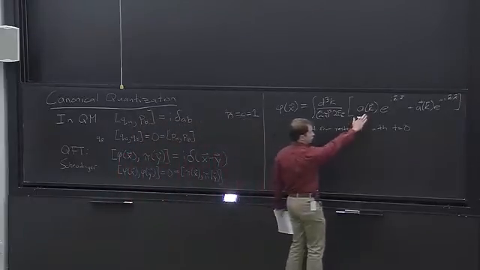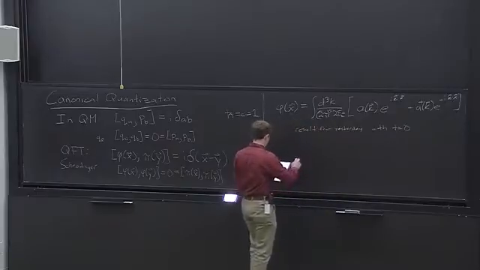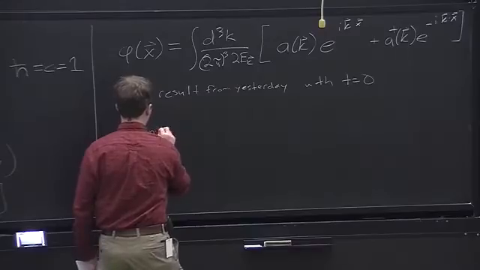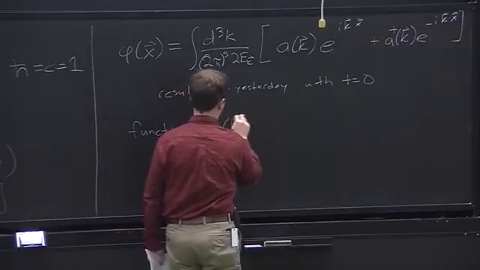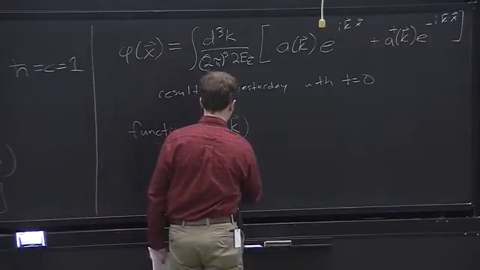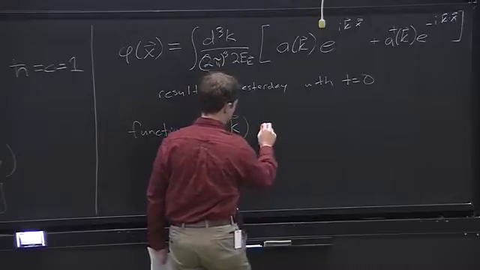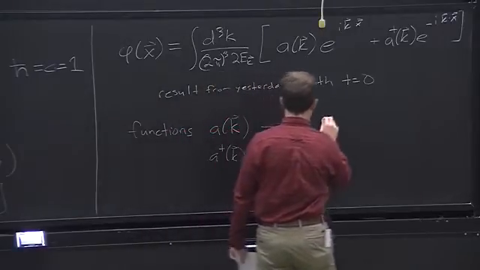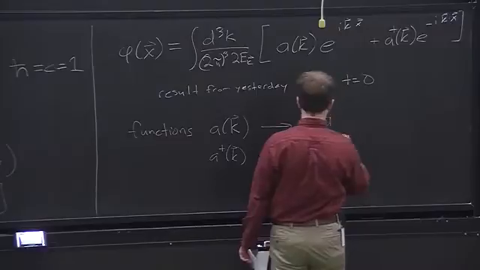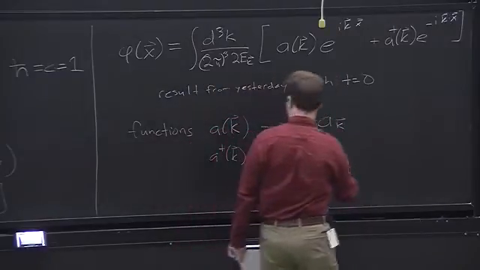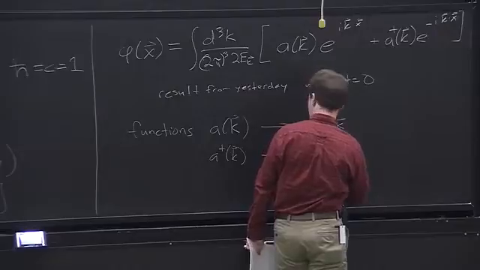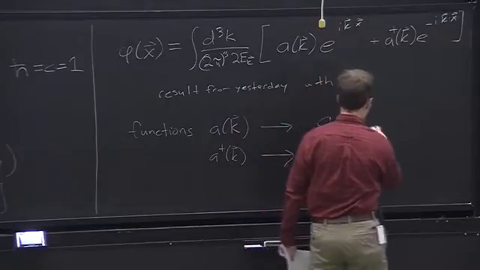So these were functions in the classical theory, the functions a(k) and a dagger(k). Now in the quantum theory, they become operators, and I'll distinguish them by writing, instead of a(k), a sub k, and similarly a dagger sub k. These are operators.